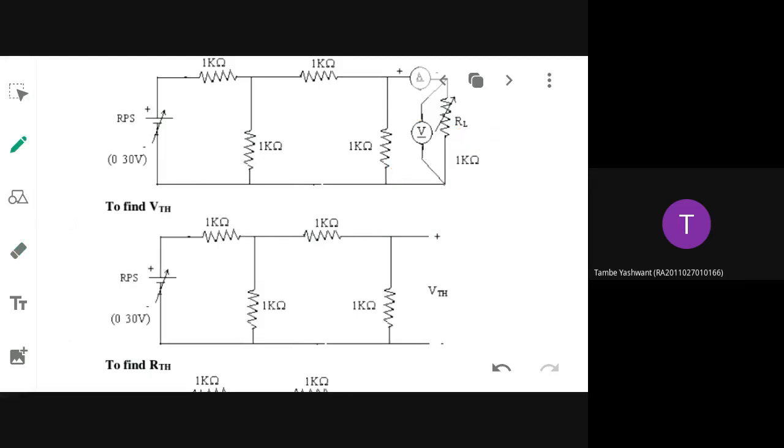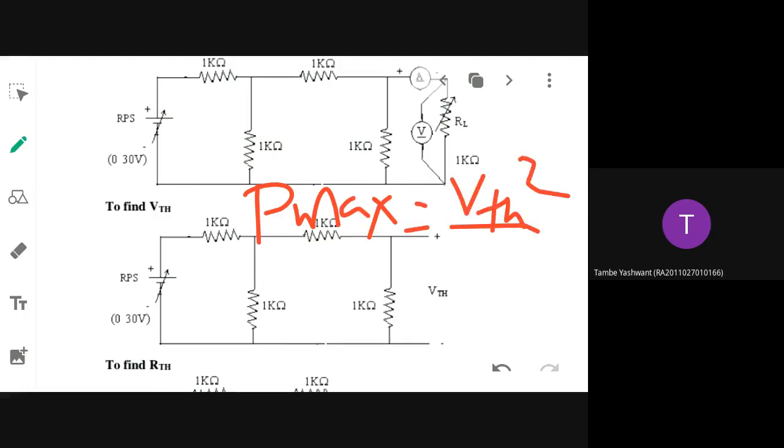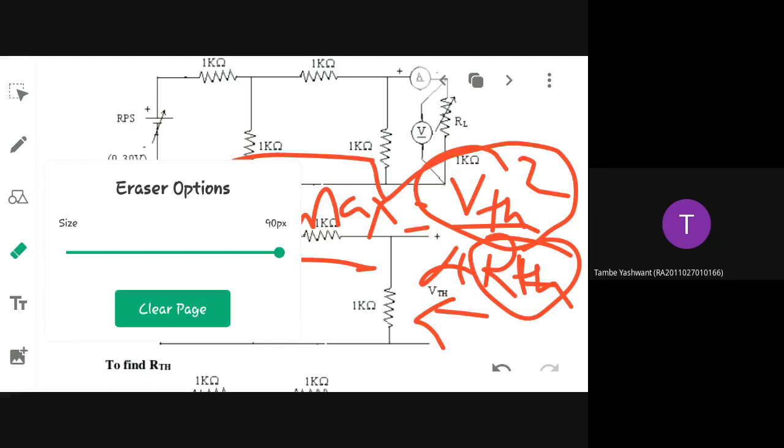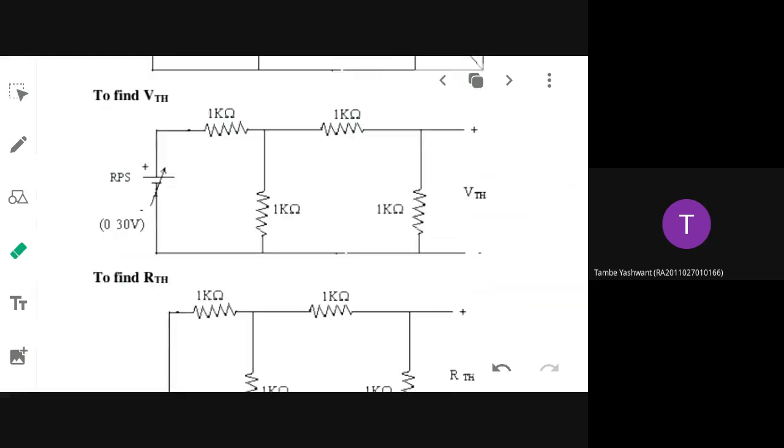For calculating P max theoretically, there is a formula: V Thevenin square divided by 4 R L. So in order to find P max, you need to know V Thevenin and R Thevenin. For that purpose only, you are doing the first two circuits.